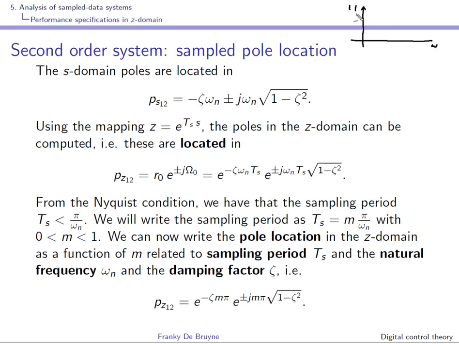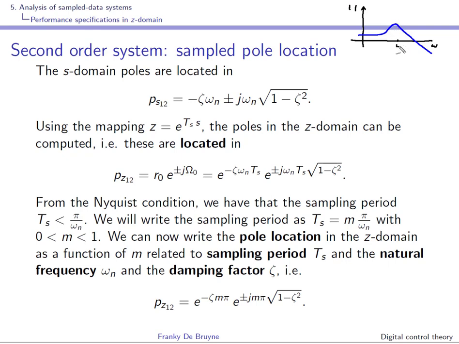Well, remember that the gain Bode diagram of this second order process with complex conjugate poles looks like this. So this is the peak frequency, and the natural frequency lies a little bit further.